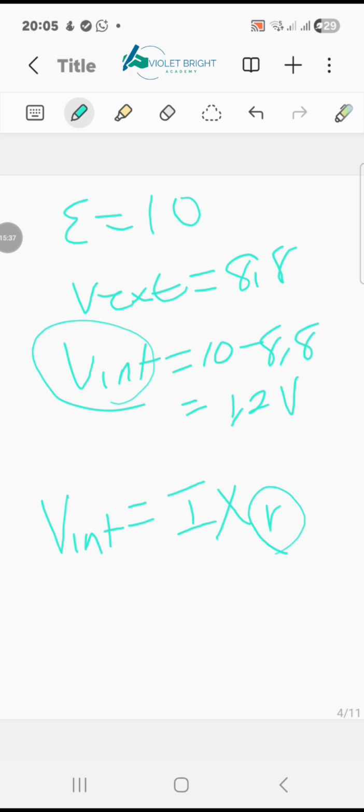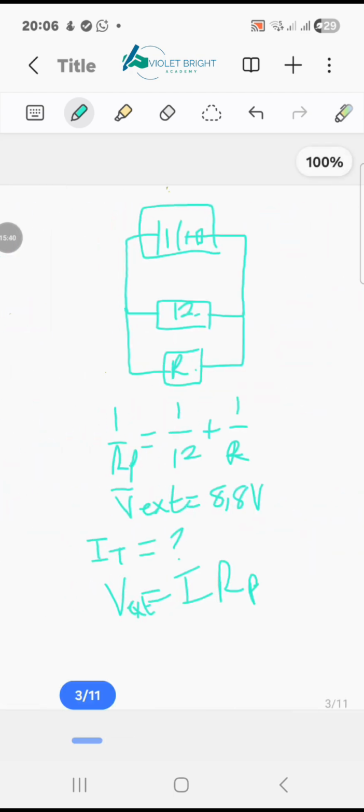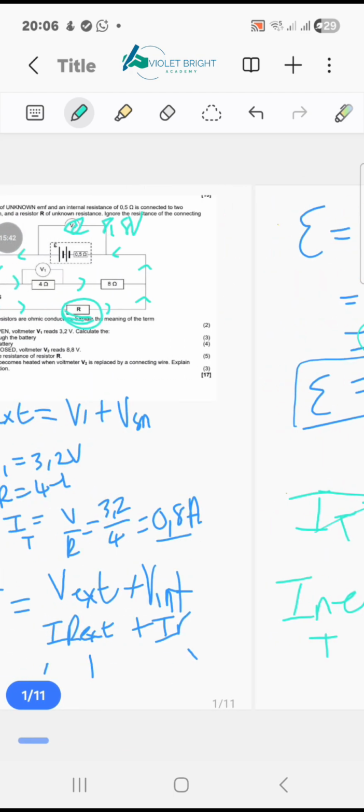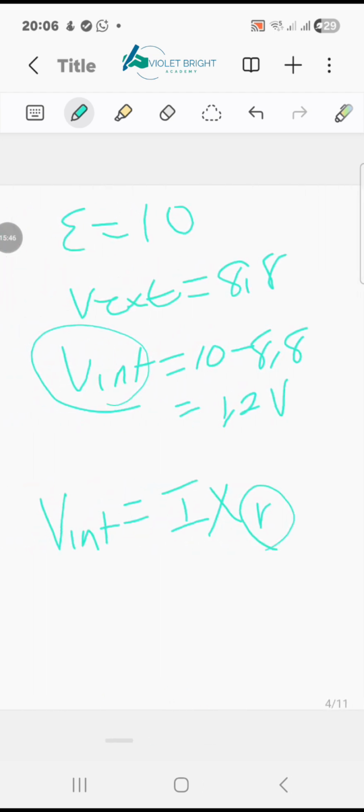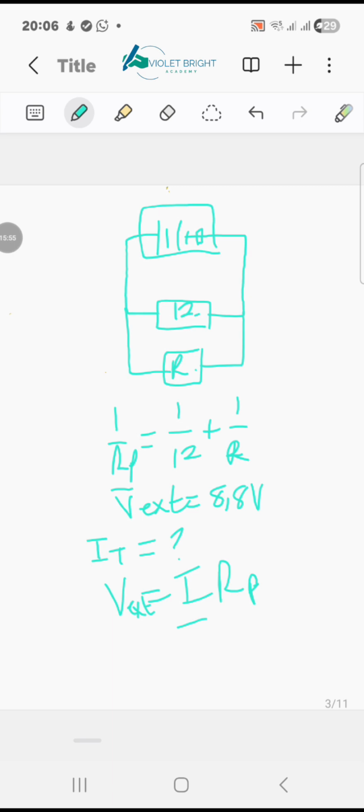And we are given this small r, which is equal to 0.5. So now it's 1.2 = I r. Remember, the current here is the same current that is in the internal voltage.